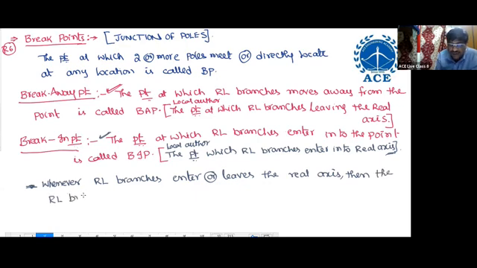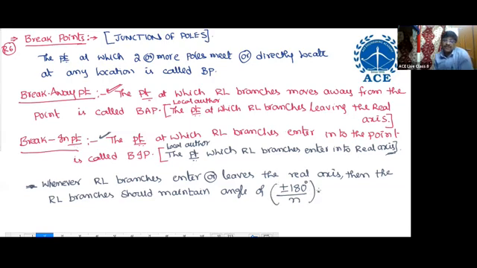the root locus branches should maintain an angle of plus or minus 180 degrees divided by n.